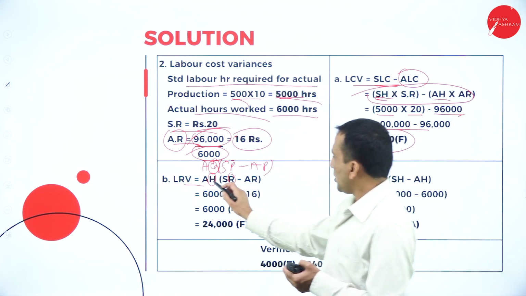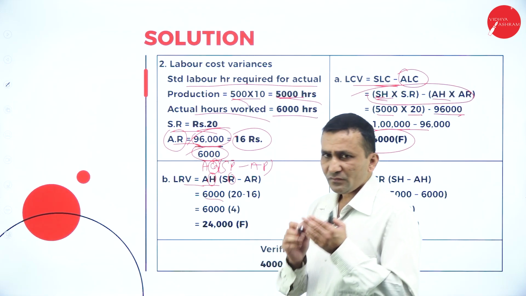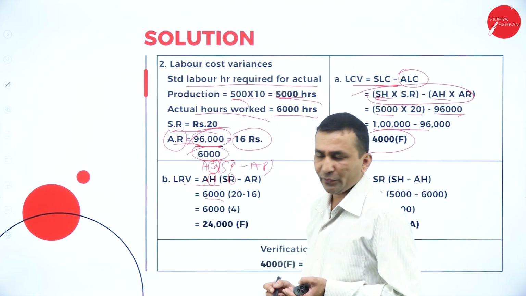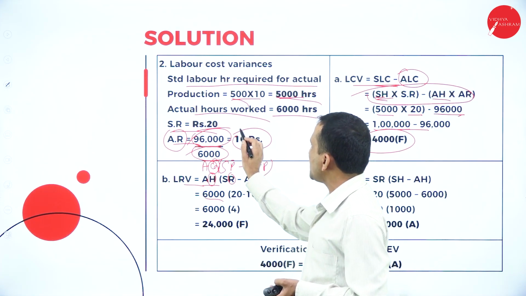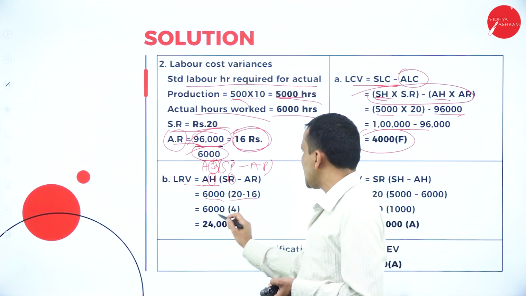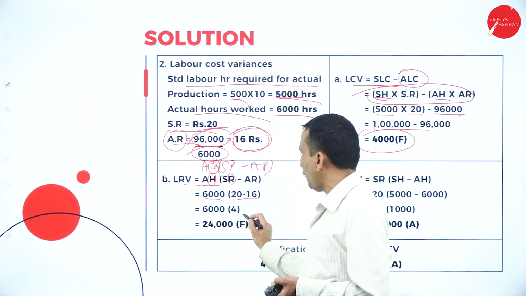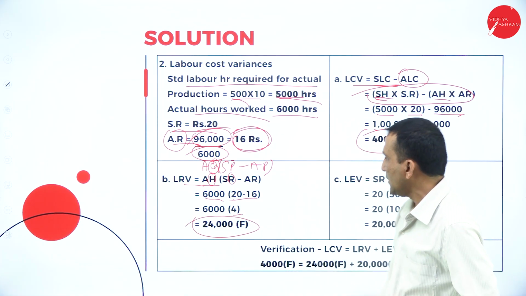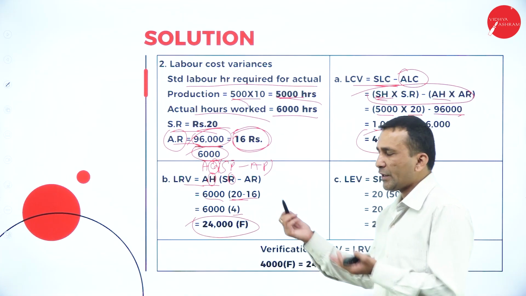The actual hours are 6,000, given in the question. The standard rate is 20 minus the actual rate, calculated as 16. So 20 minus 16 is 4, and 6,000 into 4 is 24,000, which is a favorable result because the sign is positive.